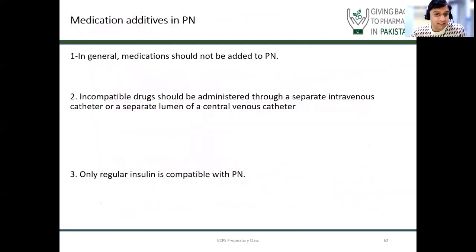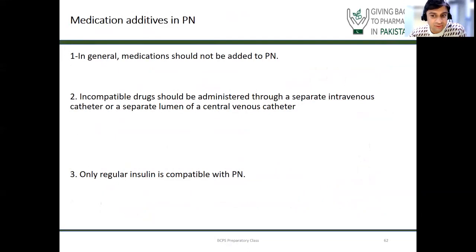Now, medication additives. In my practice, I have a very general rule that we do not give any type of medication through the same catheter from which we are giving the TPN formula. But if somehow we have to give it, then we always check the compatibility of that particular drug.